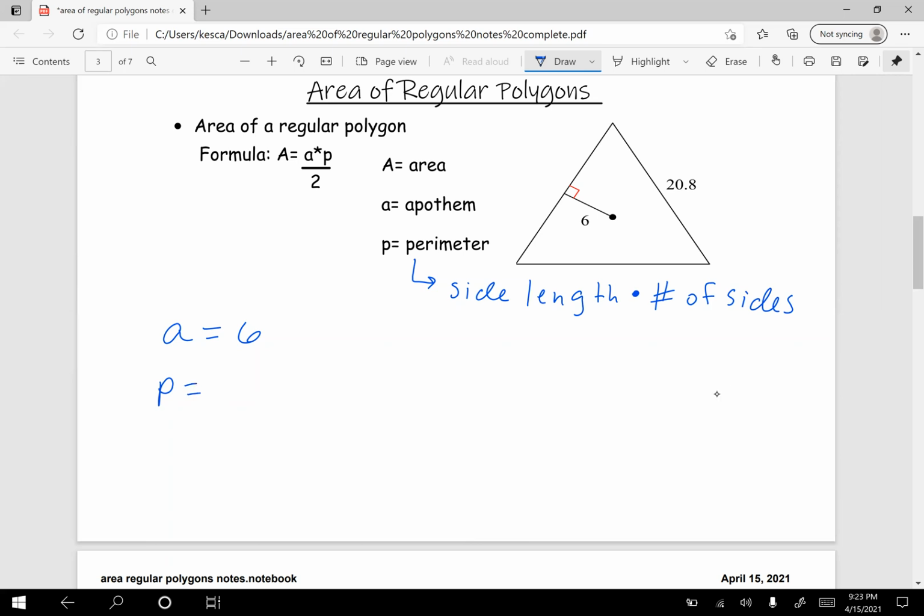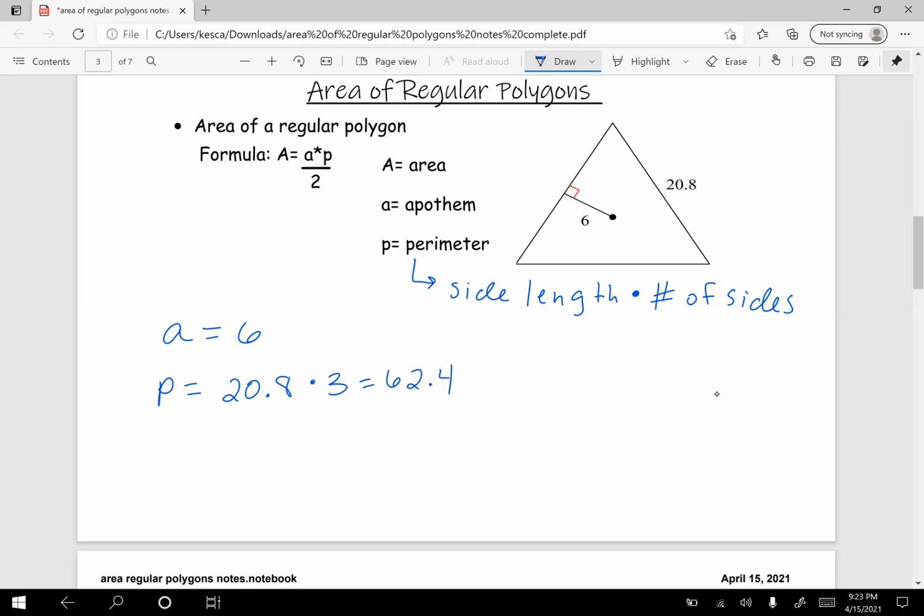For this shape, it's a triangle and our sides are 20.8. So we would do 20.8 times 3 because we've got 3 sides. So 20.8 times 3 is 62.4.